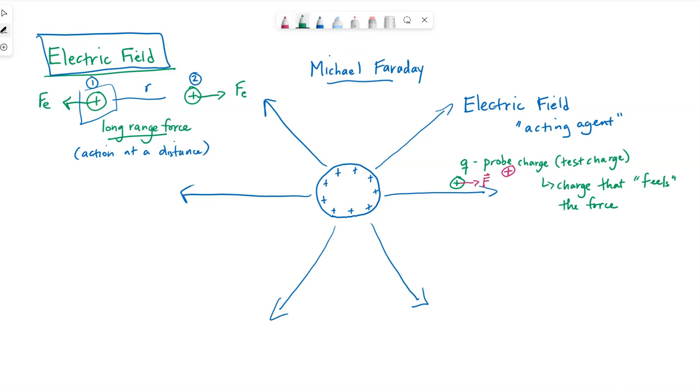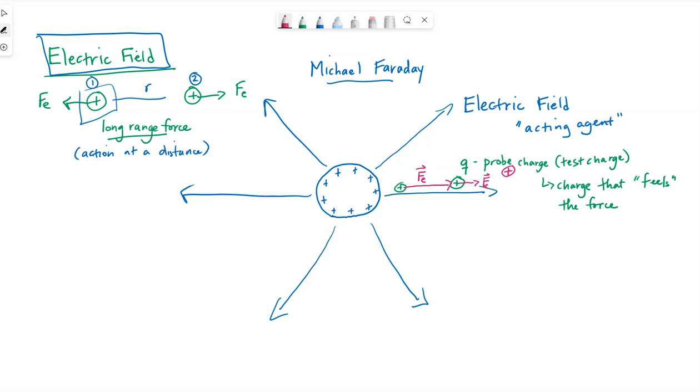If I place this little charge closer to the sphere, it would feel or experience a larger electric force, which in terms of Coulomb's law makes sense, I hope. Two positive charges, the force depends upon how much charge there is and how far apart the charges are located.